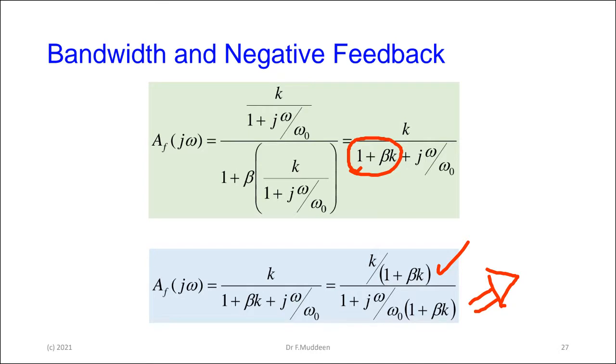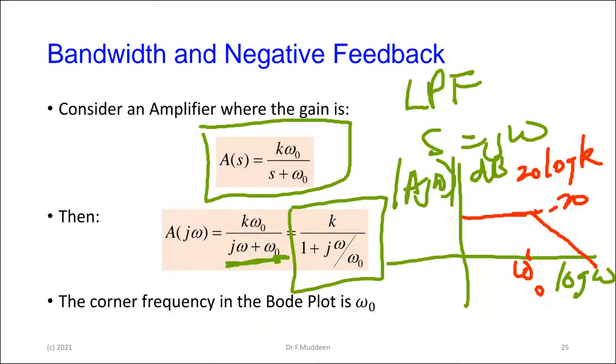ω0 has now been increased by a factor of 1 plus beta K. K, of course, was the original gain of the amplifier. So if you look, this is supposed to be a beta here. If you go back to where we were drawing all the response just now, go back a slide or two.